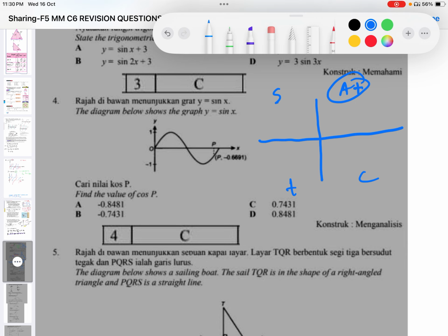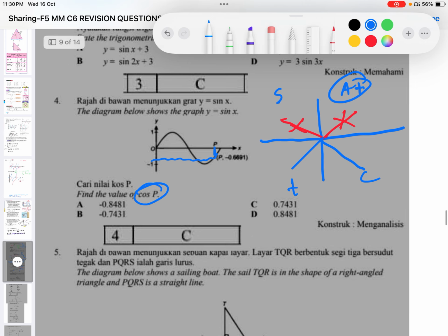Here we have the value of y negative. So y negative will not be this part. It's going to be down here, either at tangent or cos. Because the question asks for cos, here is the correct one.